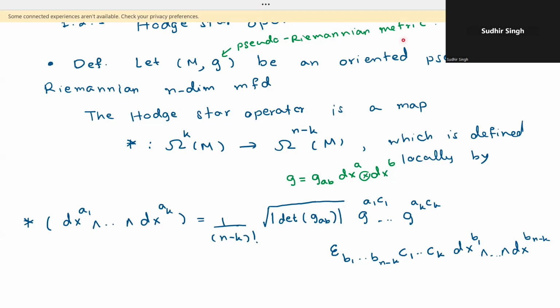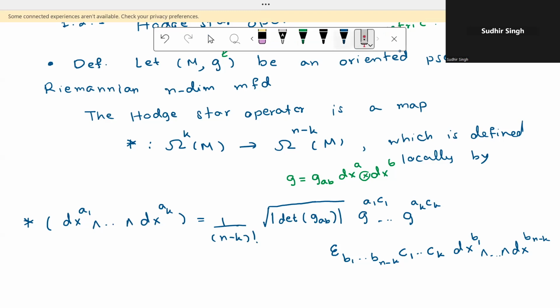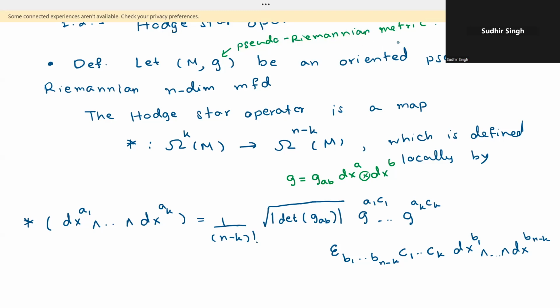And this epsilon is an alternating symbol. I'm using the Einstein summation convention again, summing over c1 to ck, and then b1 to b(n minus k) here. This index ab just indicates that this is a matrix, that's all.